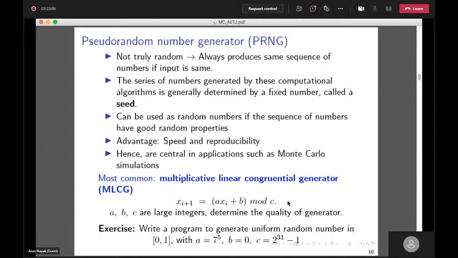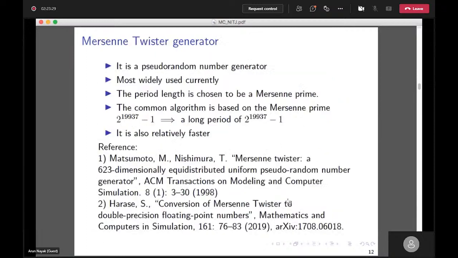By using this method, you can have multivariate random numbers as well. So multivariate means you have one random number for each variable, and you generate them simultaneously. Suppose, as I said, it's a two-dimensional Gaussian.